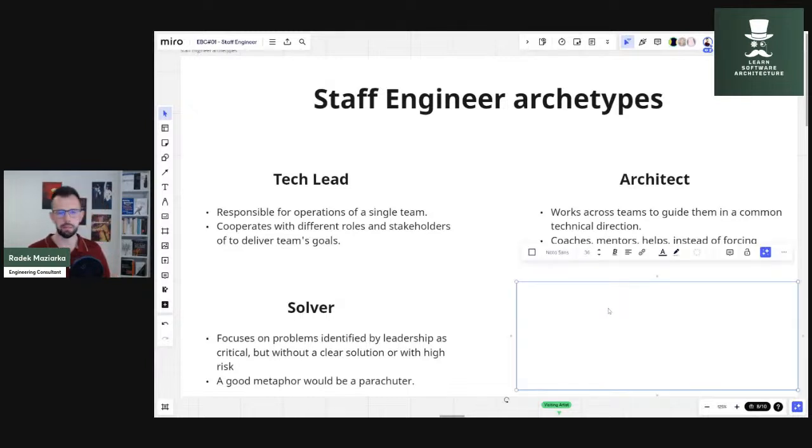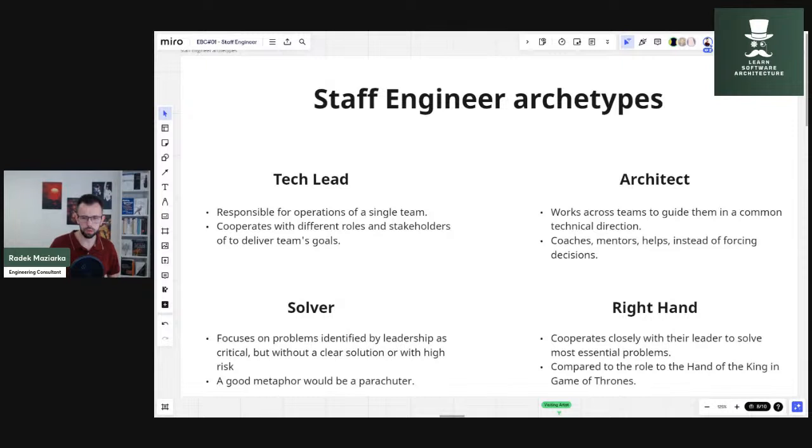And the last archetype that was described was the right hand. The right hand cooperates closely with the leader to solve the most essential problems. This is the metaphor described by Will Larson: the role is usually compared to the Hand of the King in Game of Thrones.